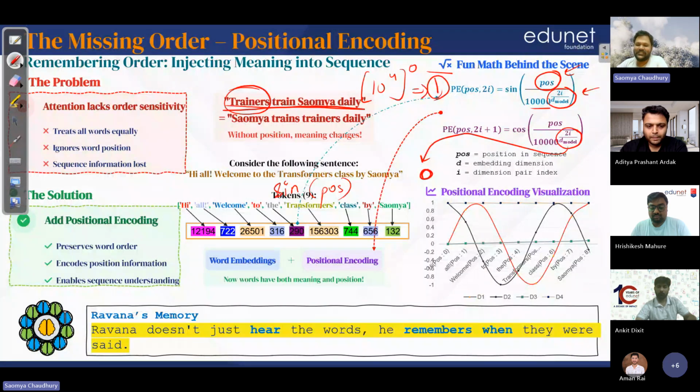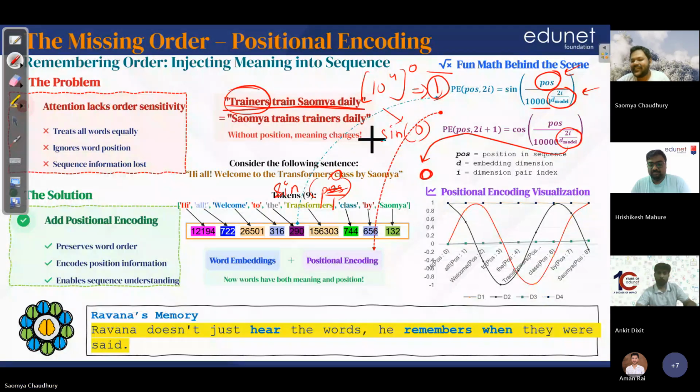There is a big advantage if you start your number line from 0: a lot of things become conceptually very easy to get. So if you see sine of pos by 1, this factor was turning out to be 1, and pos is nothing but 0. So what is sine of 0?